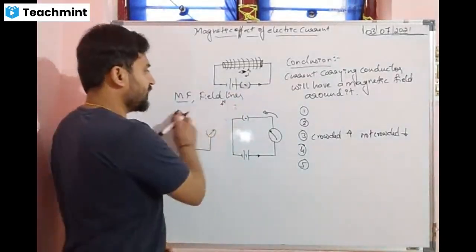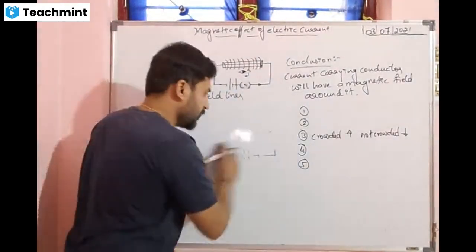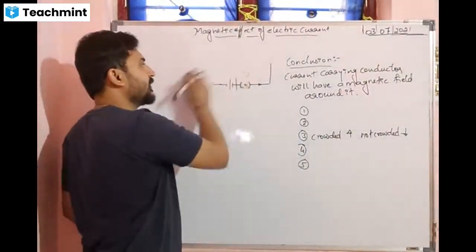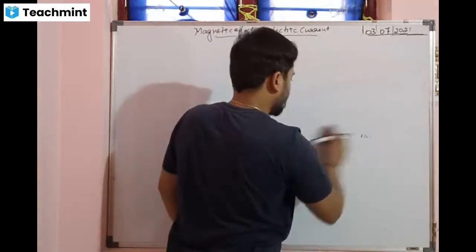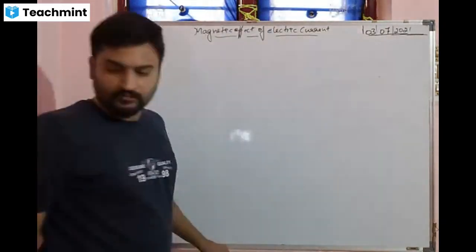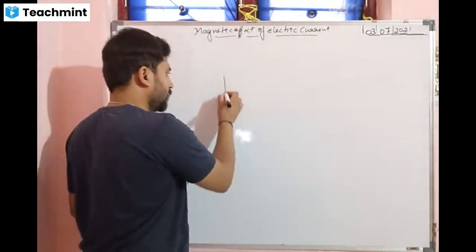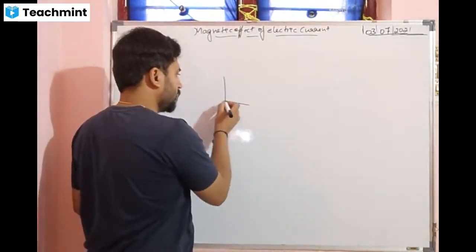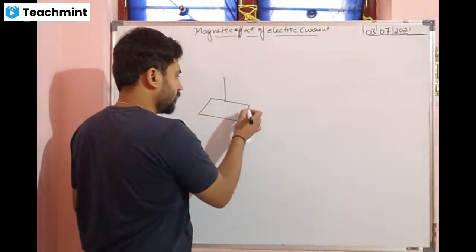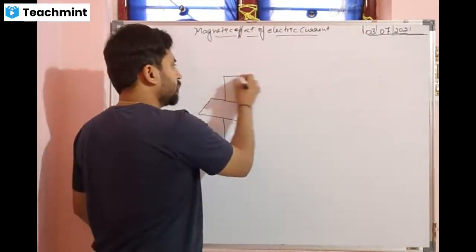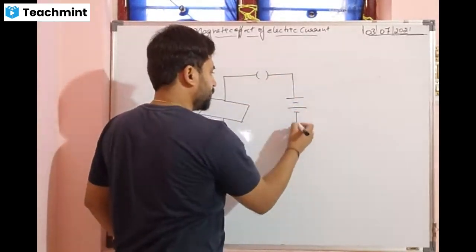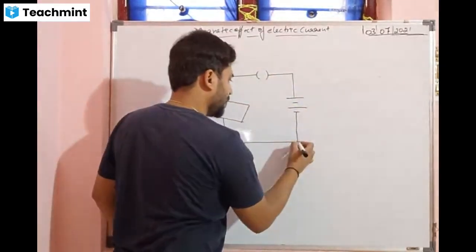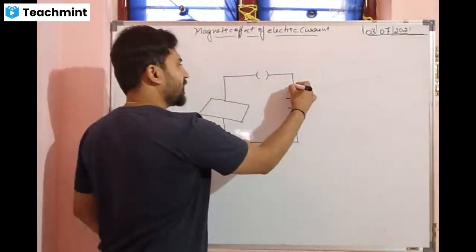So these we learned about the field lines, the magnetic field. What did you learn after this? How is the magnetic field in a straight conductor?